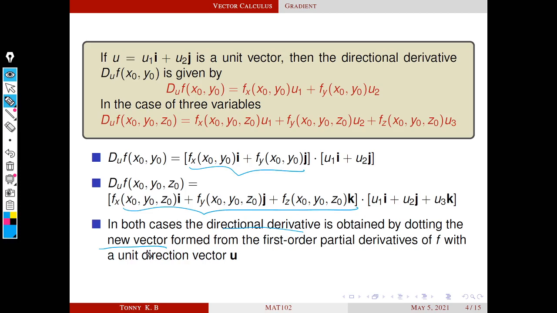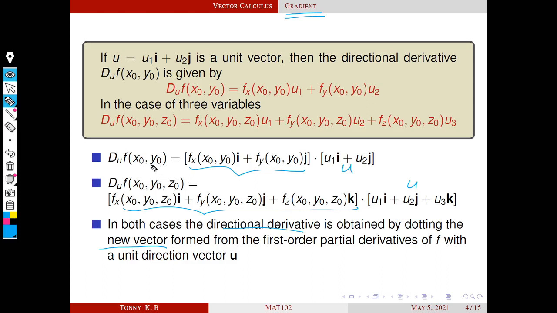It is the new vector formed from the first order partial derivatives of f, dotted with a unit direction vector u. In this case, this is a 2D unit vector, and this is a 3D unit vector. Now we have a new vector in terms of partial derivatives, and we define this new vector as our gradient of the function f at this point.